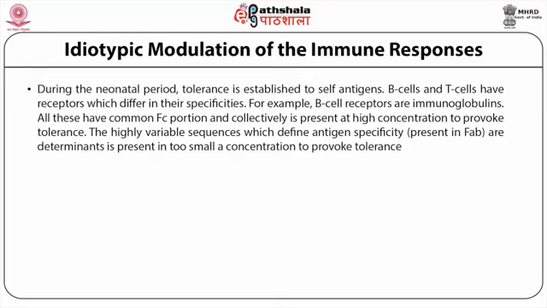B cells and T cells have receptors which differ in their specificities. For example, B cell receptors are immunoglobulins. All these have a common Fc portion and collectively are present at high concentration to provoke tolerance. The highly variable sequences which define antigen specificity, the determinants, are present in too small a concentration to provoke tolerance.